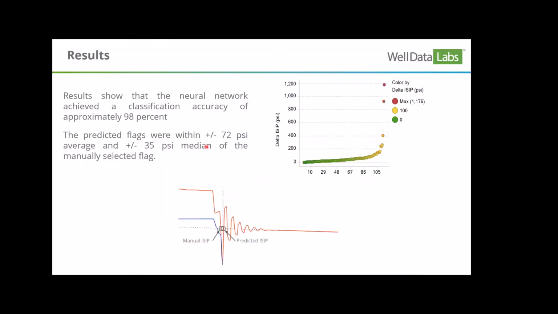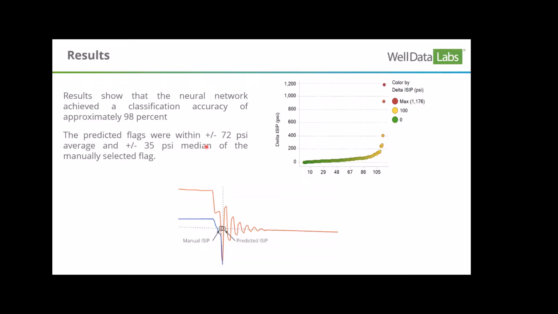For the results of this project, the algorithm was trained with 90% accuracy, which is really high for our algorithm. We tried to add multiple stages to this training data so we'd have good predictions, a good neural network to predict the ISIP value.